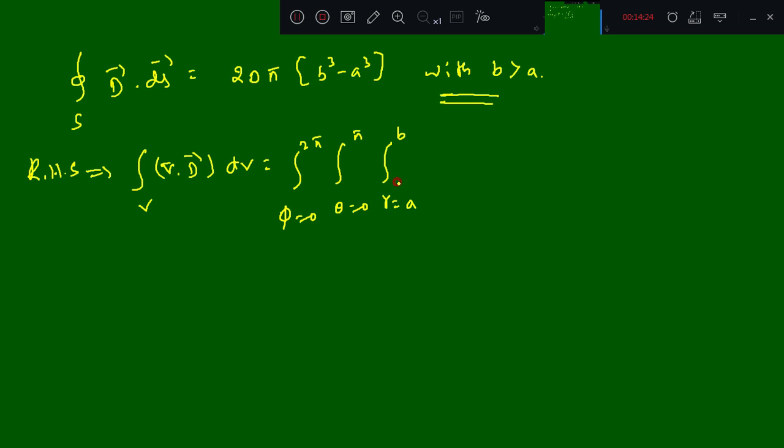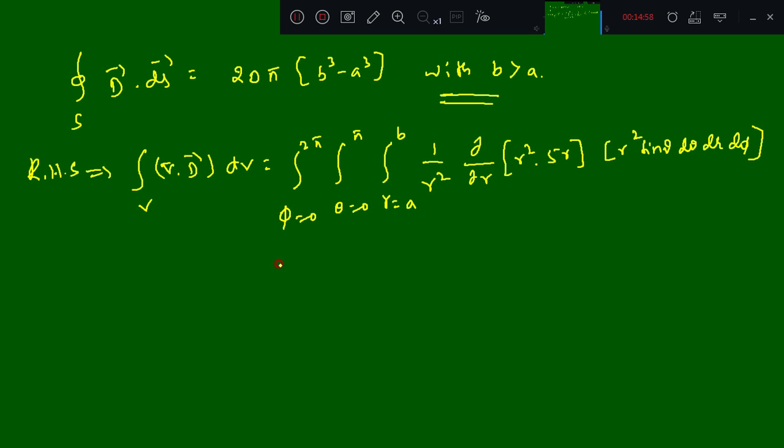So it is 1 by r square into d by dr of r square into the D_r value 5r, into dV. dV is r square sin theta d theta dr d phi.